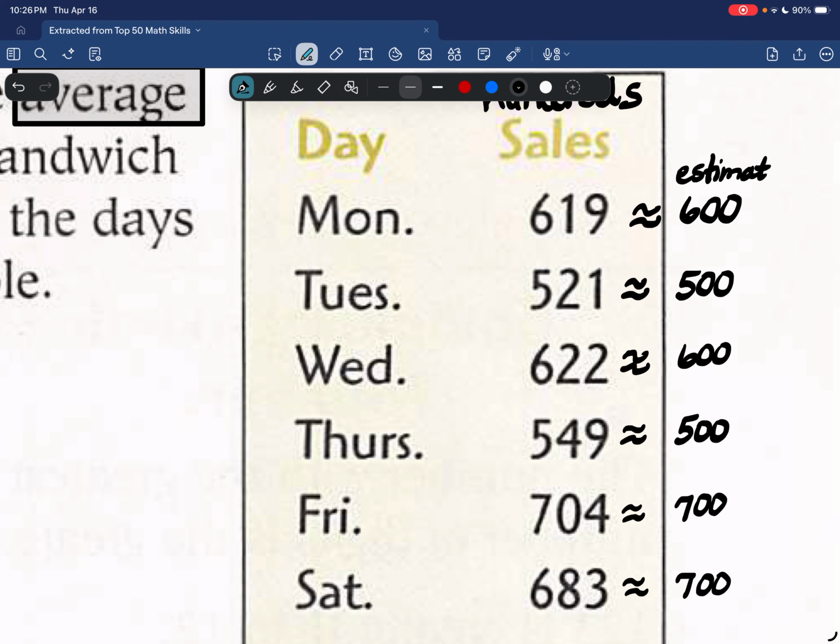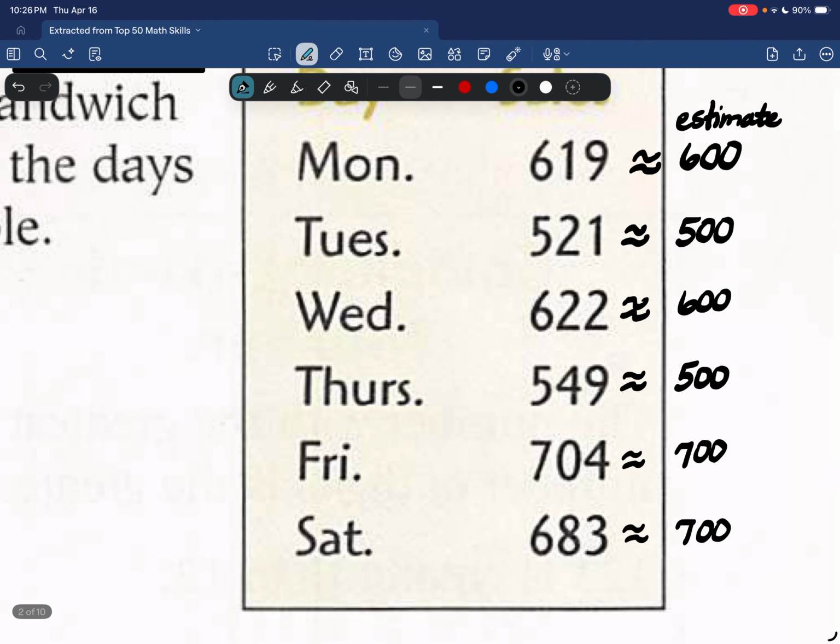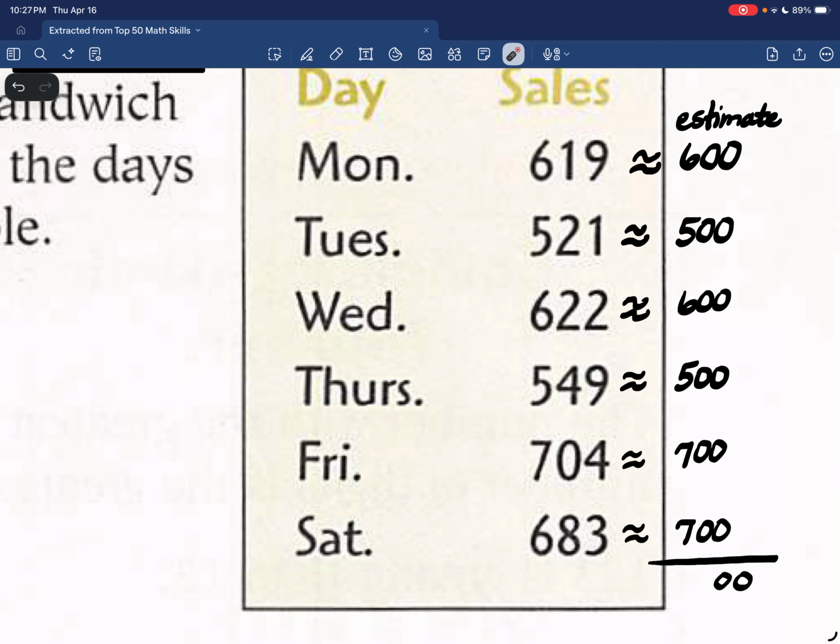actually I've rounded the numbers, I'm going to estimate the sum. I'm going to add up all those numbers to get a total. And when I do that, and you can use your calculator here, I'm just adding these digits.